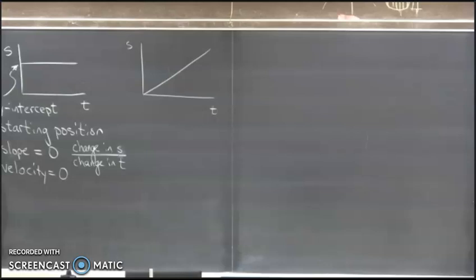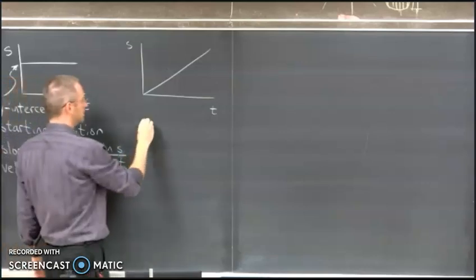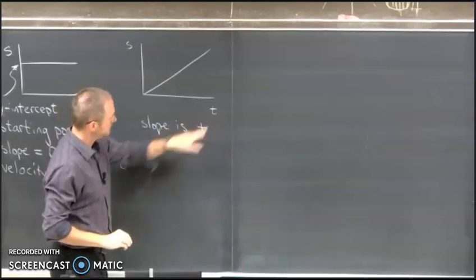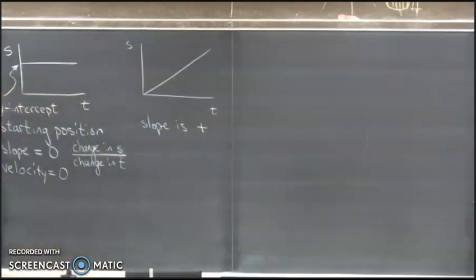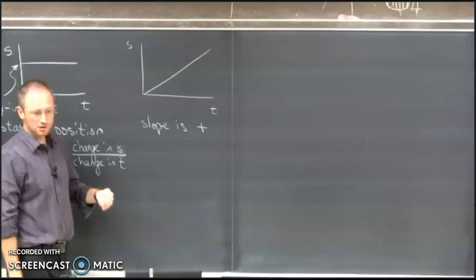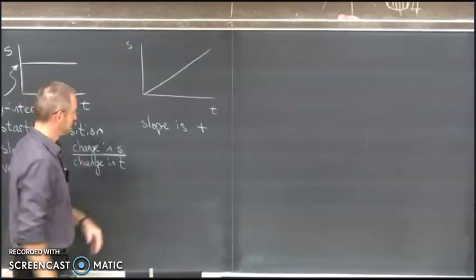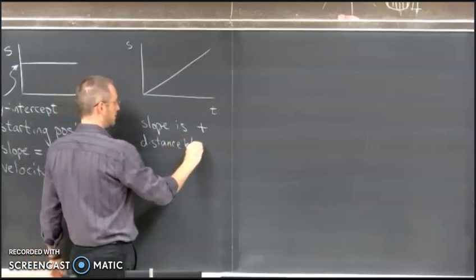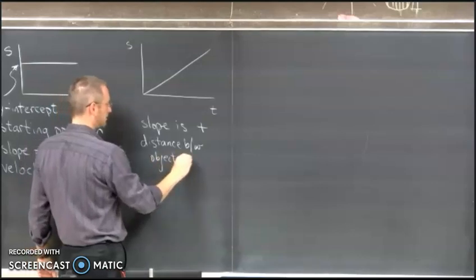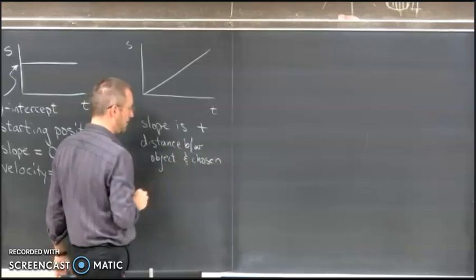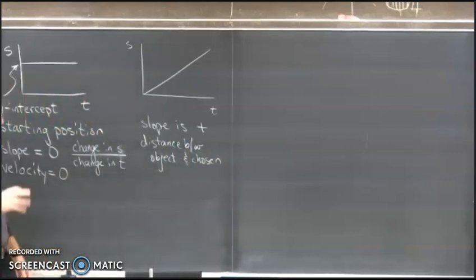Another line segment that we looked at was a line segment of positive slope. So slope is positive. Notice that my t's have tails, and that's a plus. So the slope is positive. And what that means is that the distance between our object of interest and our chosen 0 point is increasing. What you need to keep in mind is that anytime you have a 0 somewhere, it's most likely a chosen thing.